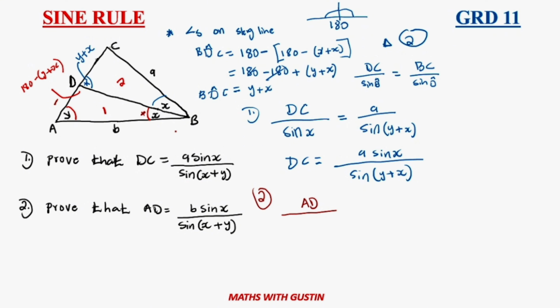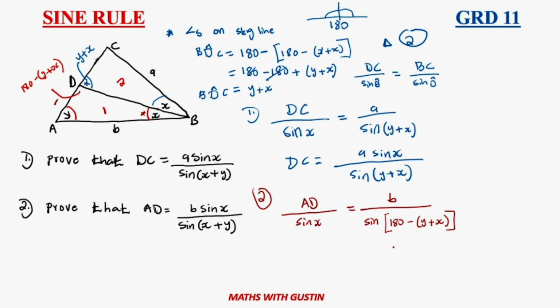It's opposite this angle here, so it's going to be sin x, is equal to side B over the sine of the angle there, which is sine of 180 minus (y plus x), close bracket.